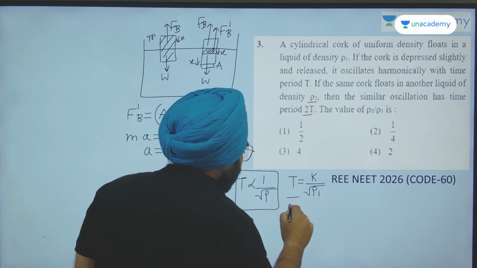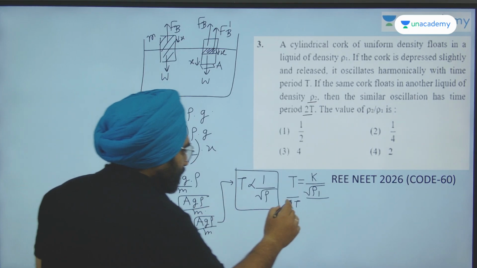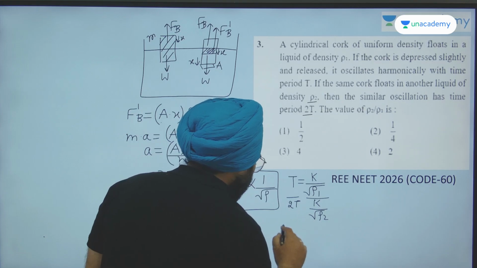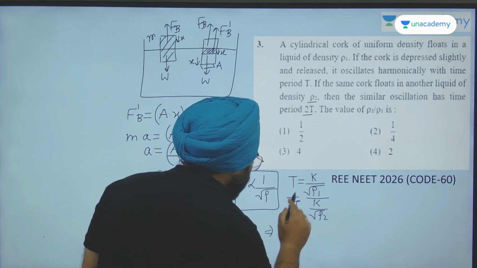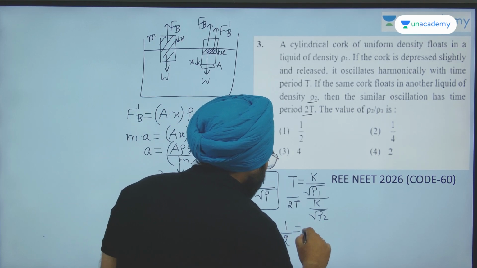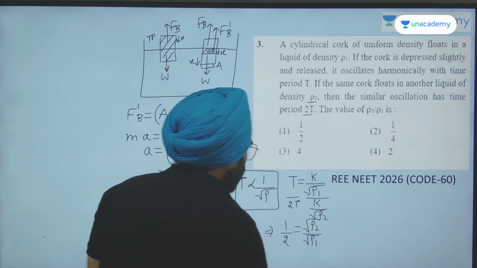So 2t equals k divided by root of rho 2. Solving, this will become 1 by 2 is equal to root rho 2 divided by root rho 1.